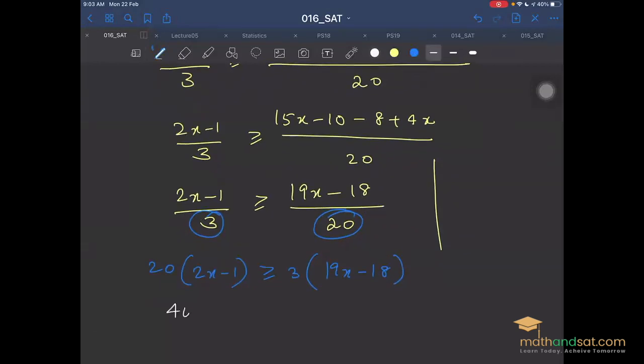So we have 40x minus 20 greater than or equal to 3 times 19, which is 57x, minus 3 times 18, which is 54. So 57x minus 40x; here it is going to be 54 minus 20.